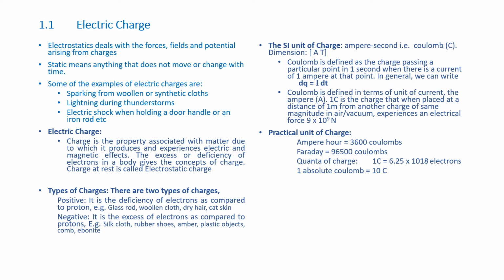And we also use quanta of charge, which is nothing but the number of electrons times the charge. 1 coulomb is equal to 6.25 into 10 to the power of 18 electrons. 1 absolute coulomb equals 10 coulombs.